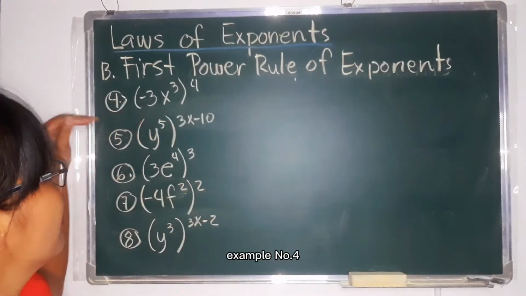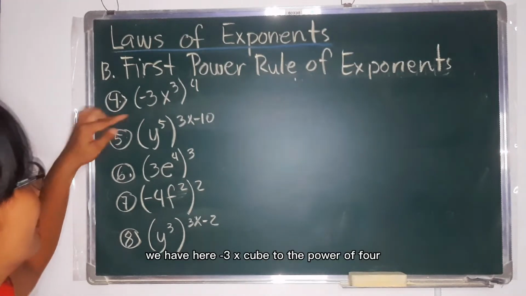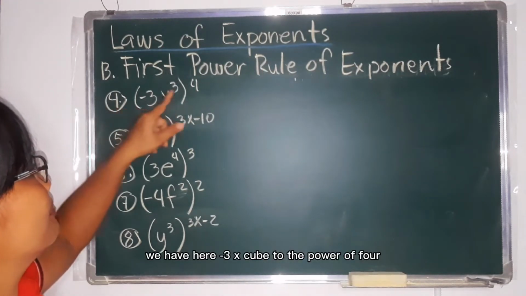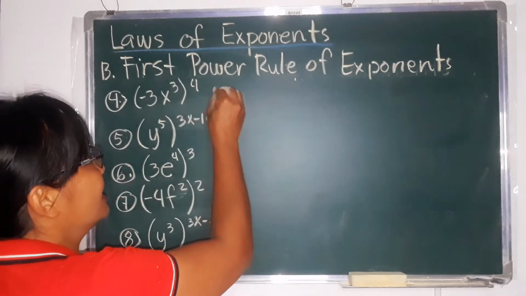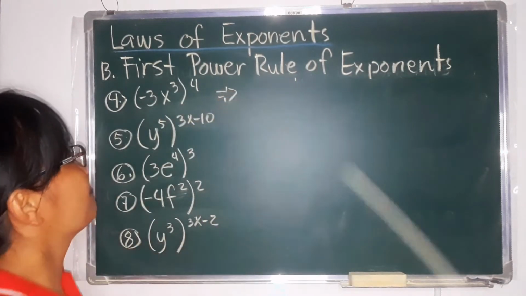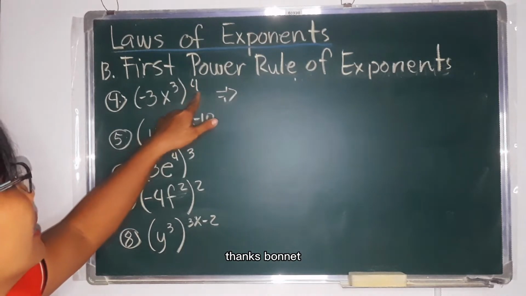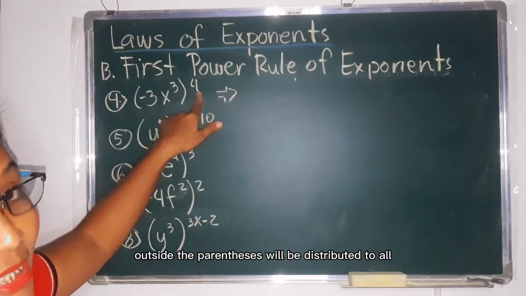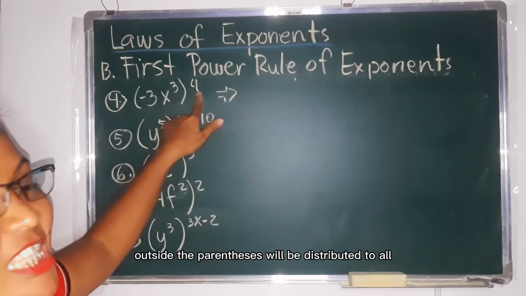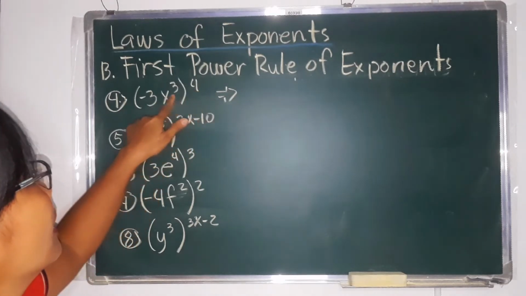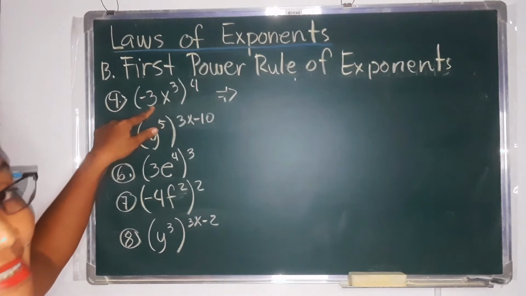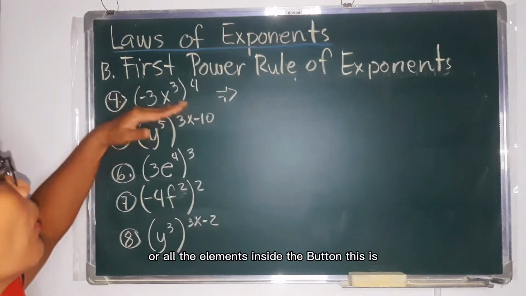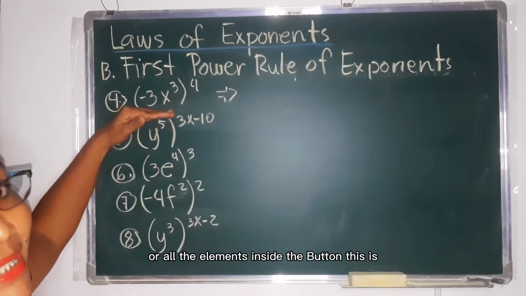Our example number 4, we have here negative 3x cubed to the power of 4. So, again, the exponent outside the parenthesis will be distributed to all numbers or letters, all the elements inside the parenthesis.